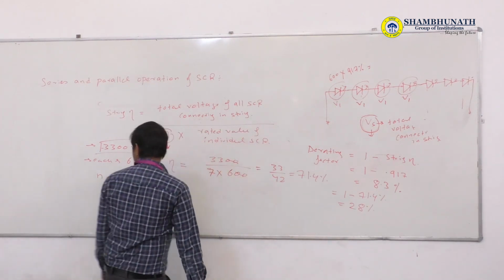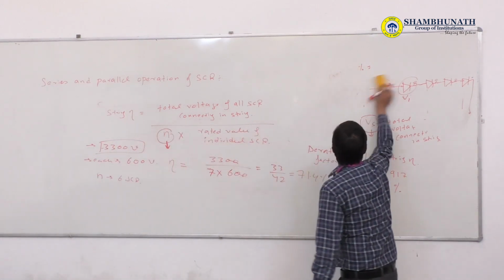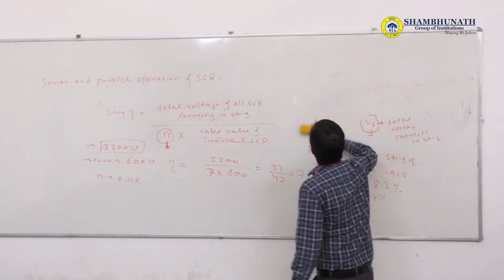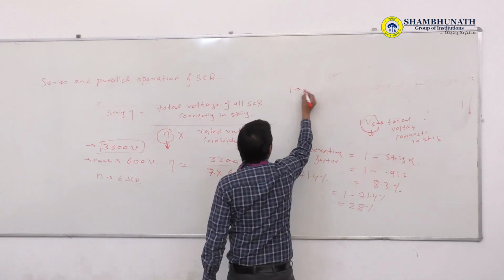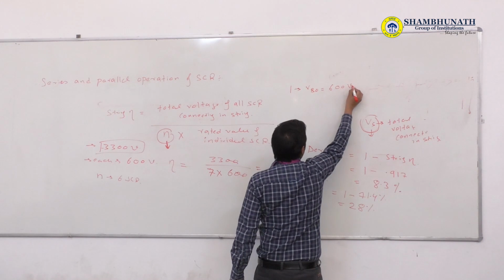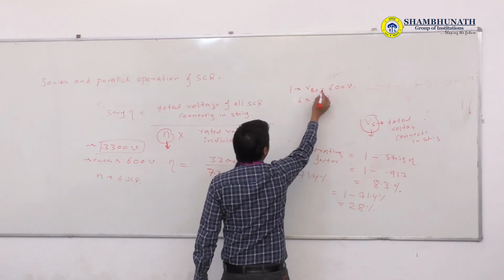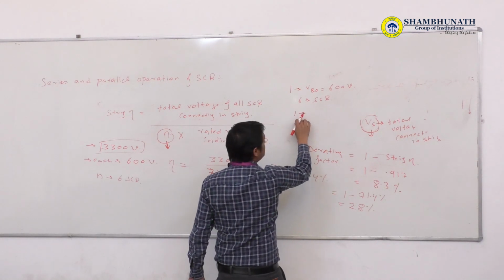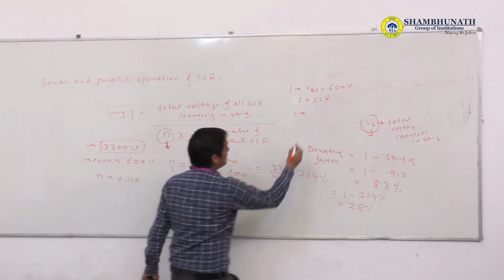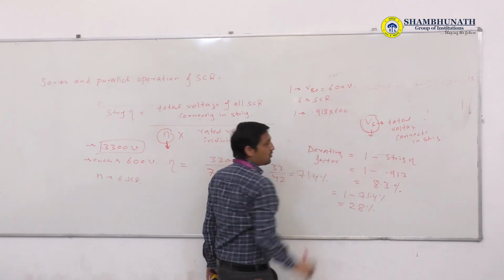What does this mean? Suppose an SCR has a breakdown voltage of 600 volt and 6 SCRs are connected, then each SCR has to bear a voltage of 0.918 times its breakdown voltage.